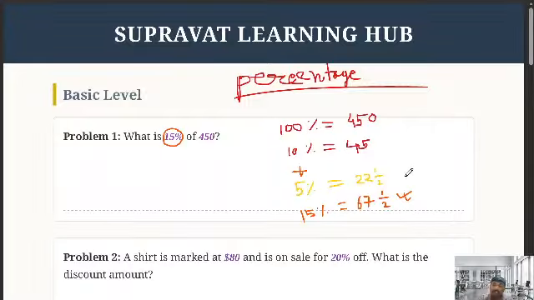You students will think that this is a lengthy process.